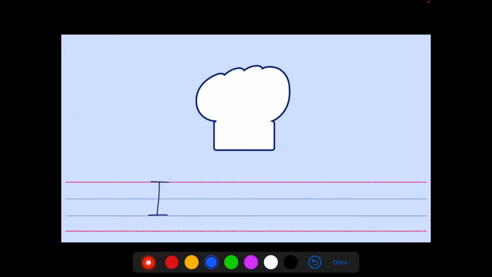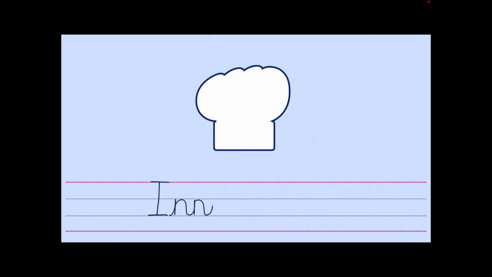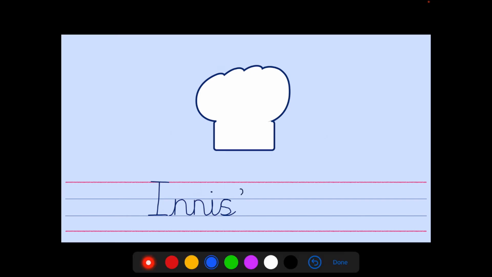Inniss, capital I, and in the word Inniss, N is written with a double N. But you can see that his name ends in an S. We've written the apostrophe, but when we say Inniss's spot, it sounds like sizz at the end, or sometimes ziz, Inniss's. And some people like to add the apostrophe S as well.